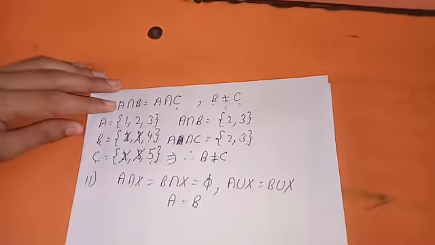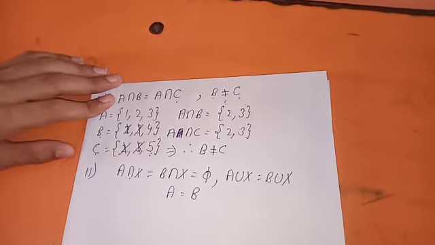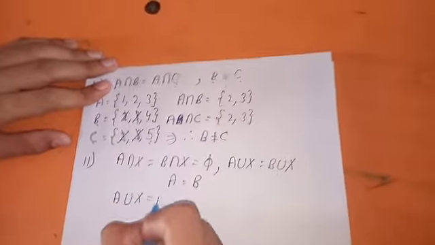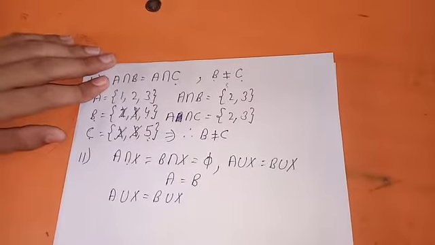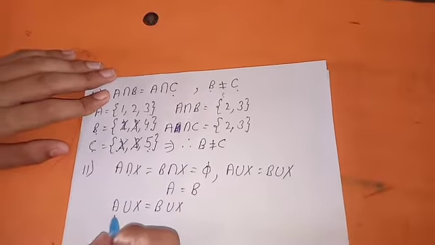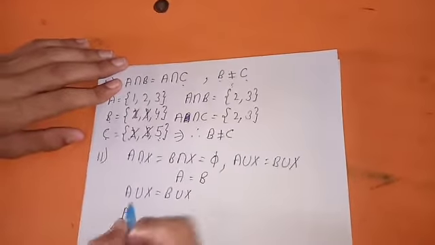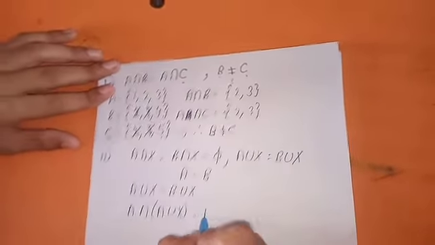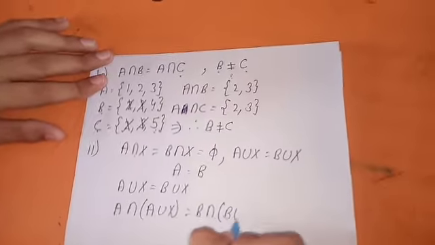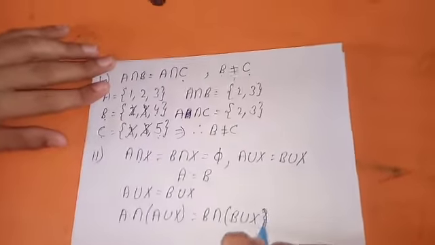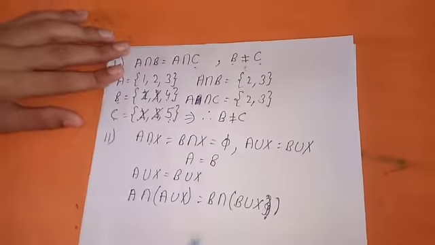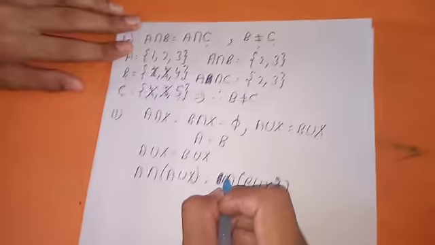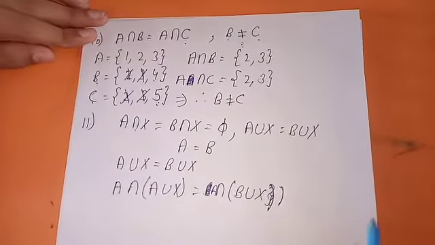Okay, so what we are going to do, it is given to us A union X is equal to B union X. Okay, so now I can write it as A intersection with (A union X) is equal to A intersection with (B union X). Okay, sorry, it will become A. Okay, A intersection.